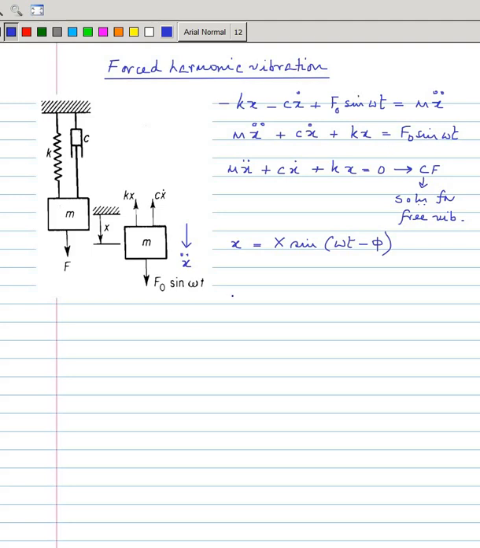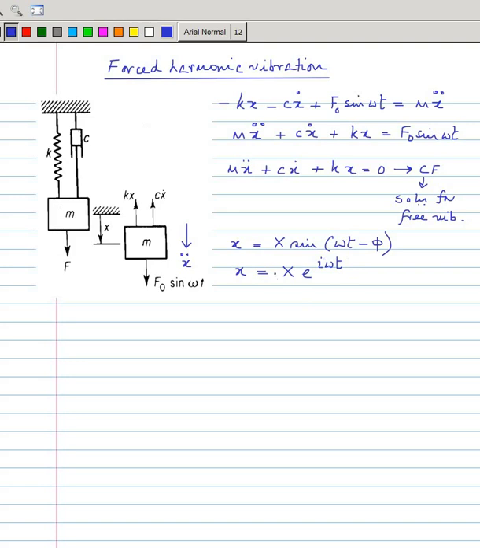Again, since it is simpler to work with exponential functions, we take x as x bar e to the power i omega t, remembering that this is actually the imaginary part of this.